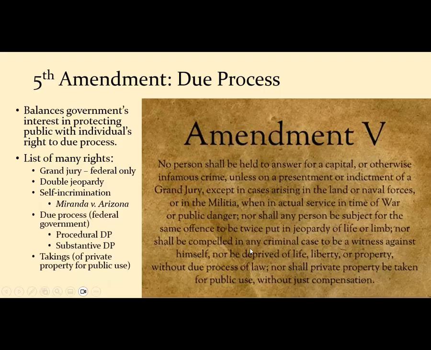Going forward, next clause, nor be deprived of life, liberty, or property without due process of law. That is the source of due process protection. It is the Fifth Amendment. This only applies to the federal government. And as I mentioned earlier, due process means procedural due process. So procedural rights, like the right to have an attorney present.